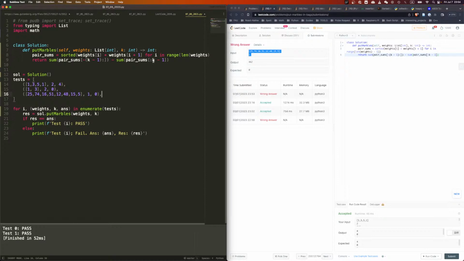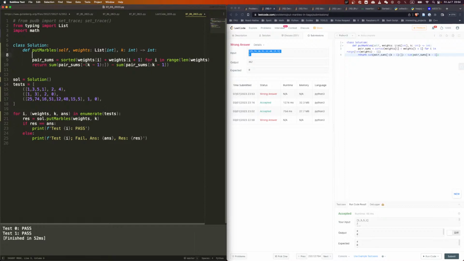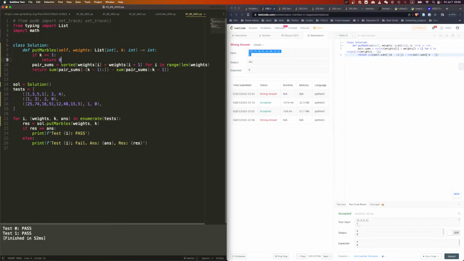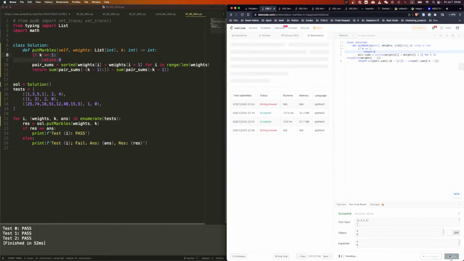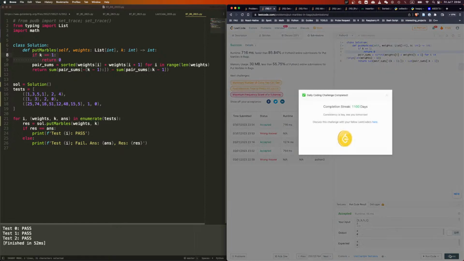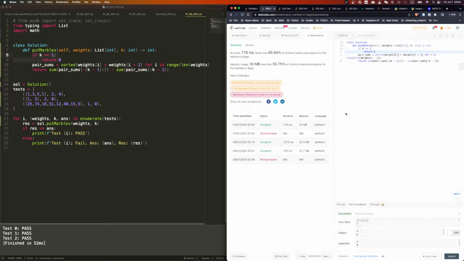Because this is trying to find the smallest, but we don't get any pairs. So if k is equal to 1, I'll return 0. Okay, I think I need to put this one here. Yep, we got it.